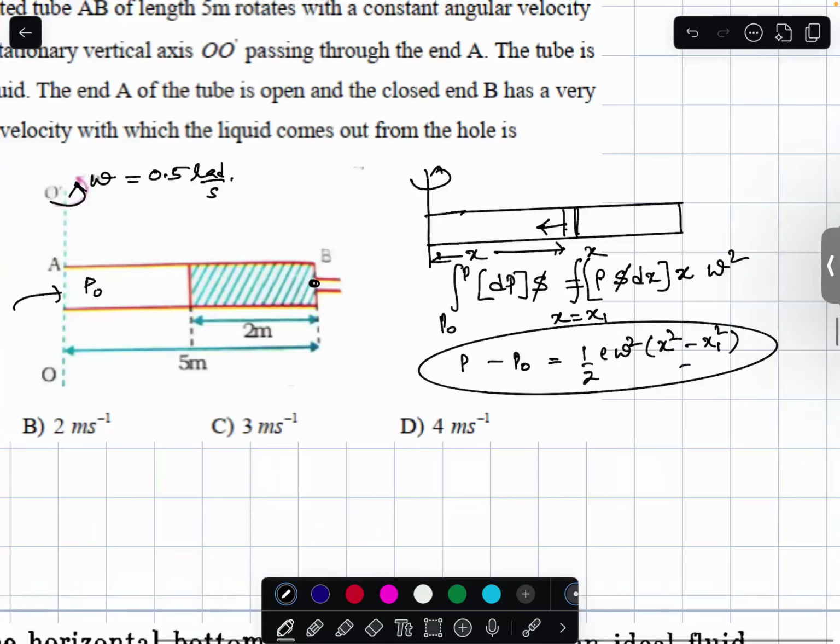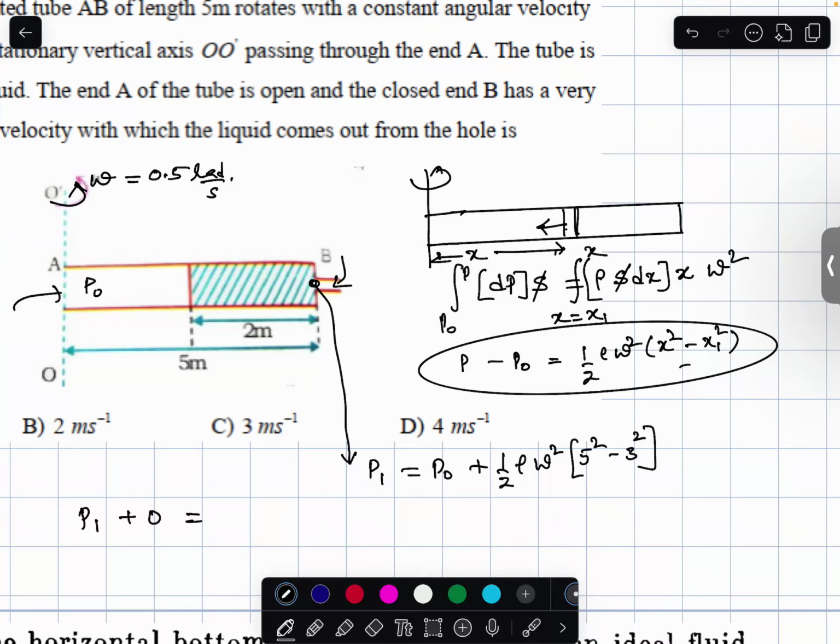Now at this point, the pressure is P1, given as P naught plus half rho omega square. Can you please help me? X1 is 3, X is 5. Yes or no? Which means 5 square minus 3 square. This is the pressure at this point, and outside, it is kinetic energy. So apply Bernoulli's equation.